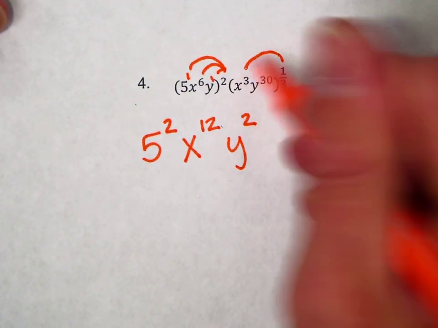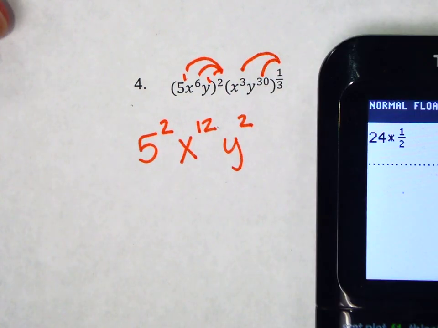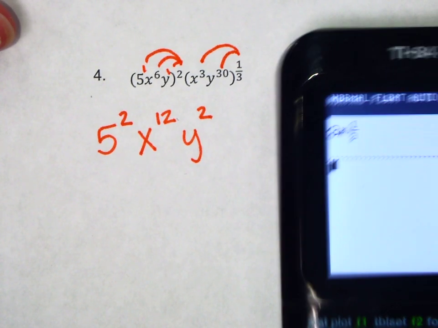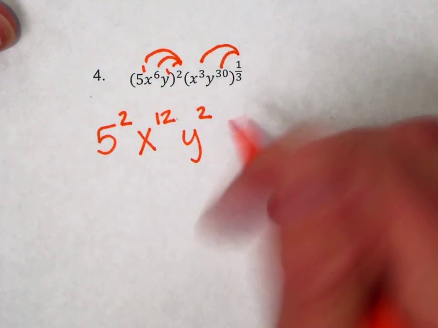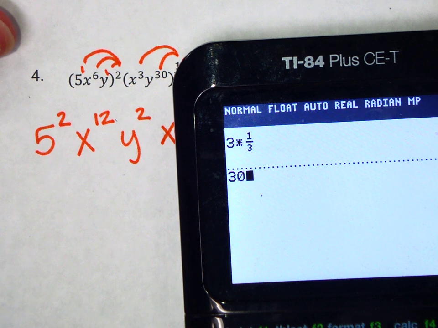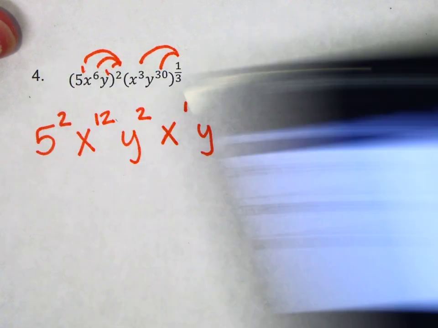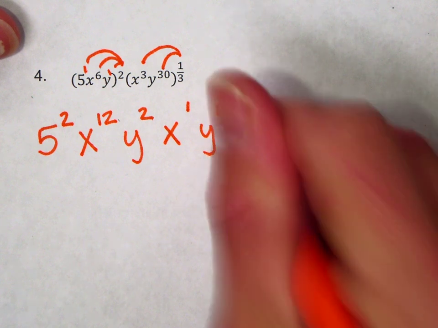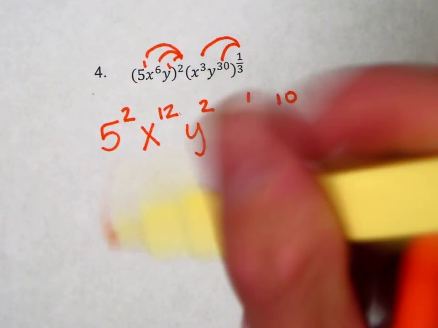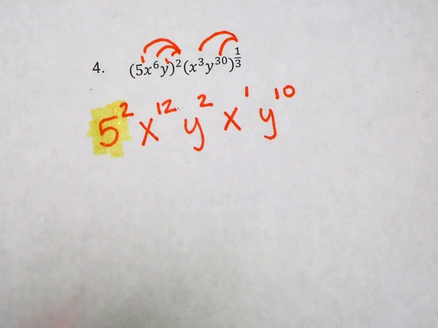The 1/3 is going to distribute to both of these guys. So if you are a little shaky on your fractions, use a calculator. 3 times 1/3 is going to be 1. That's going to be x^1, and 30 times 1/3 is going to be 10. Once you get to this point, the number you type in the calculator.